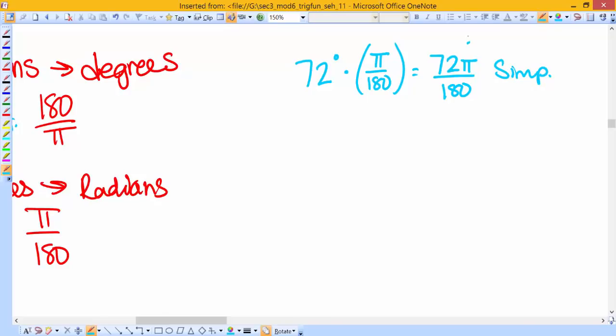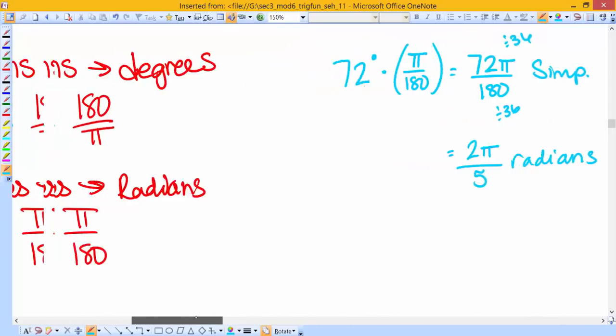So if I divide both of these by 36, and you want to divide by the largest number, you're welcome to divide by 2 and 3 and 9 and 6. You're welcome to divide by those, but you're going to have more division that you will need to do. So 36 goes into 72 twice, and 36 goes into 180 5 times. So this is 5 pi over 2 radians.